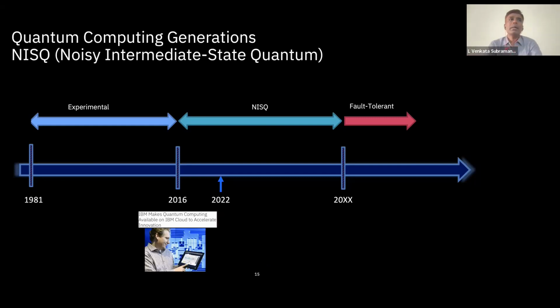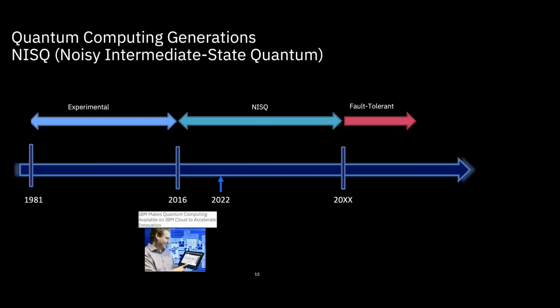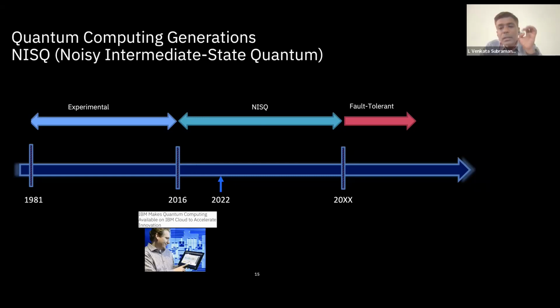So remember that the information that the bit encodes, it encodes in zeros and ones, right? Whereas the qubit, because of the superposition states that you can place them in, right?